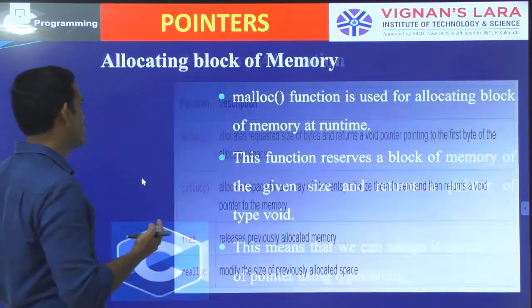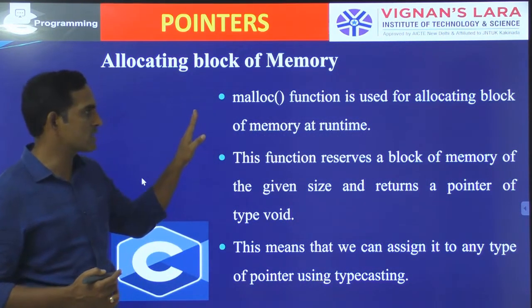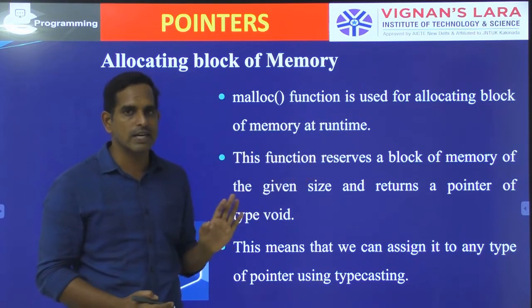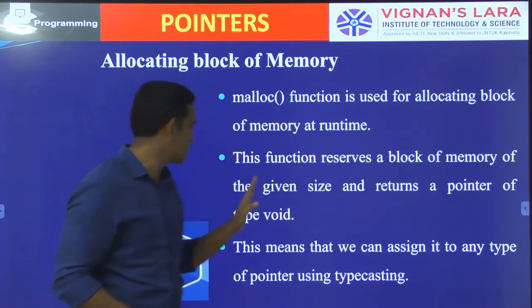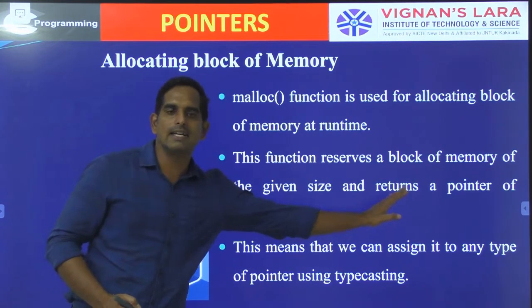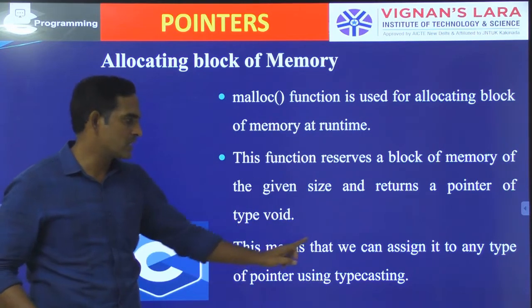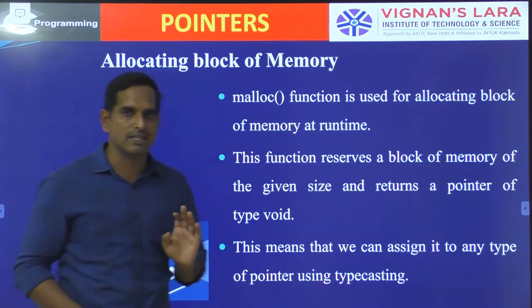So we'll be looking at these types of memory functions. The first one is the malloc function, which is used for allocating a block of memory at runtime. This function reserves a block of memory of the given size and returns a pointer of void type. This means that we can assign it to any type of pointer using typecasting.